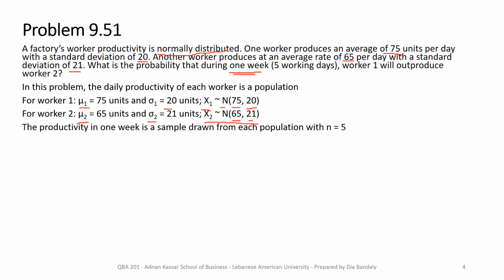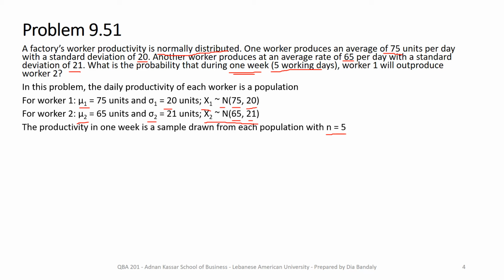They are telling us that 1 week, assume that it's 5 working days. That means that we are selecting a sample, right? And this sample has a size equal to 5, because out of all the productivities during all the days, we're selecting only 5 days, so it's a sample.